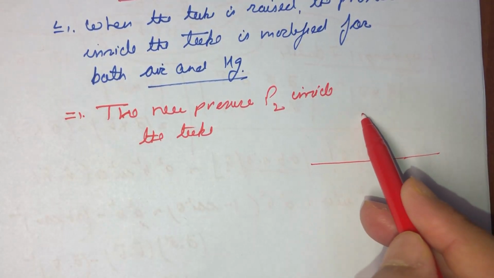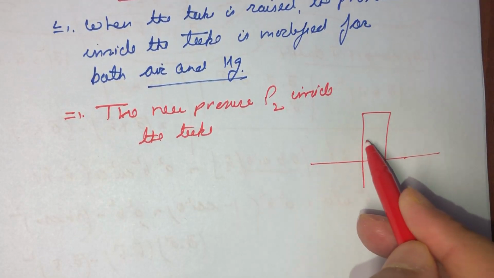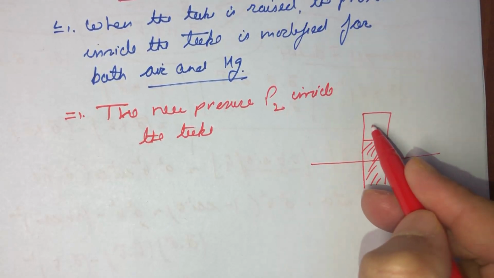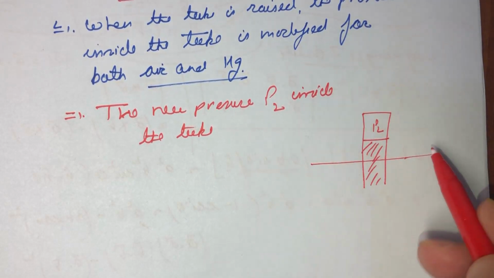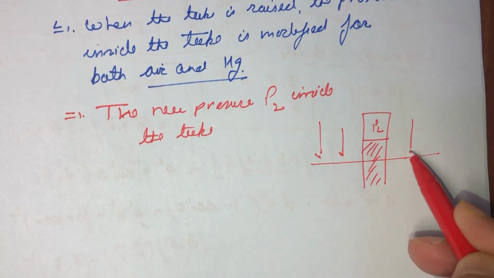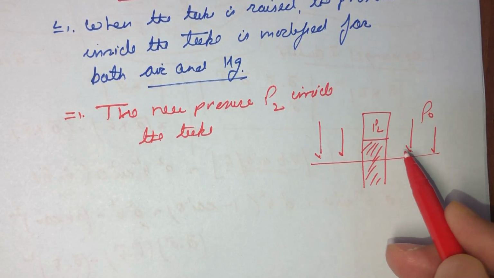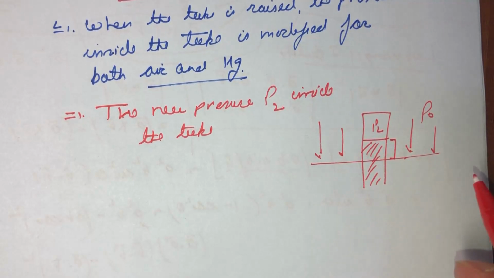So this is our tube which is raised, and we have mercury, and the pressure inside this air trap is given as P2, and the outside there will be atmospheric pressure which is our P naught, and there will also be the pressure of this liquid column.